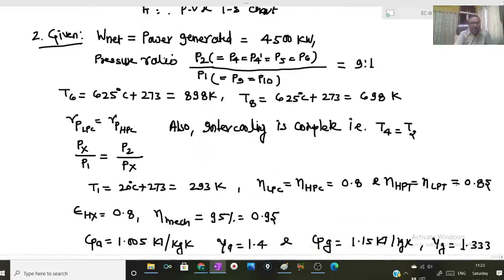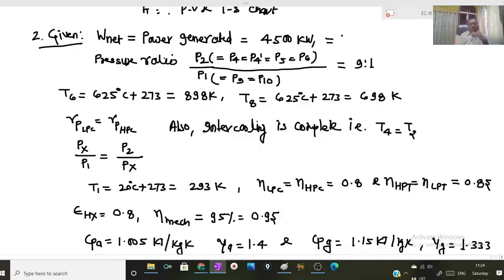Now, given things. So first of all, you have been given the power generated by the gas turbine cycle. So it is 4500 kilowatt. And if you remember, there are two turbines. High pressure turbine is driving the compressors, and low pressure turbine, its output is utilized to drive the generator, and that generator is generating 4500 kilowatt.